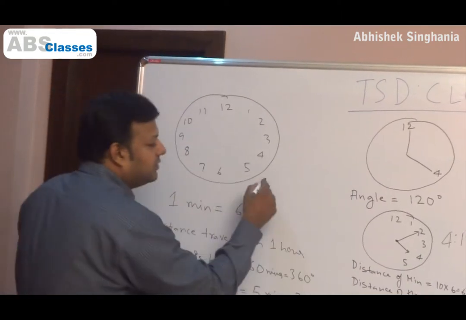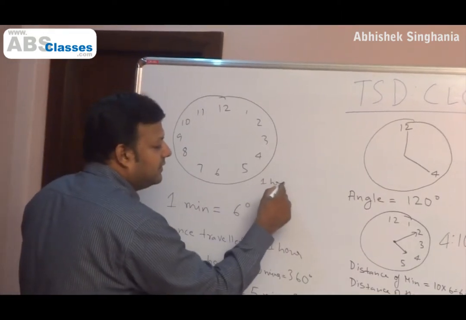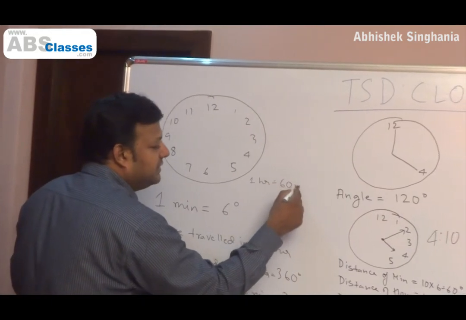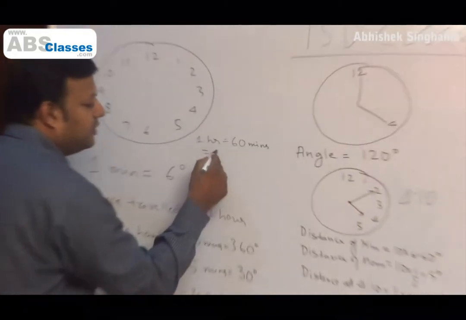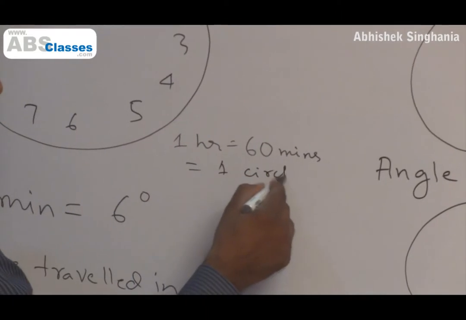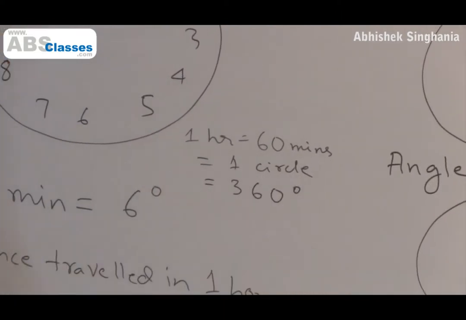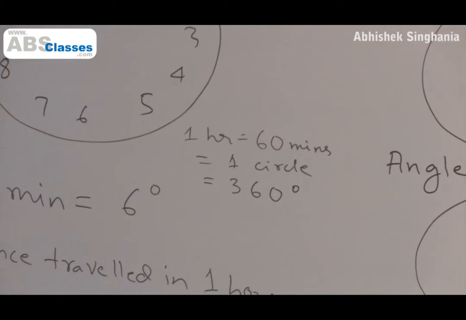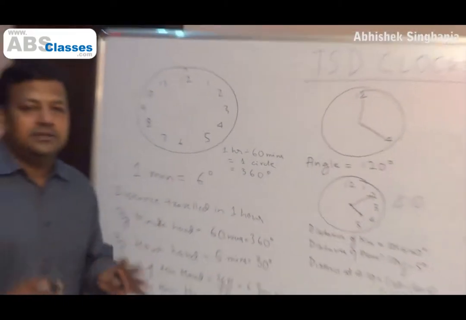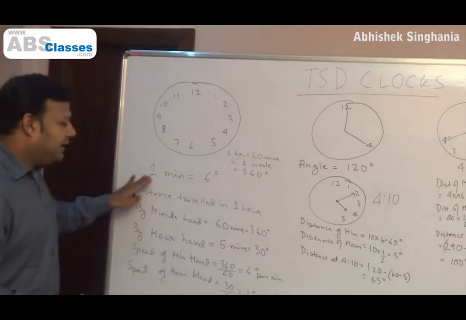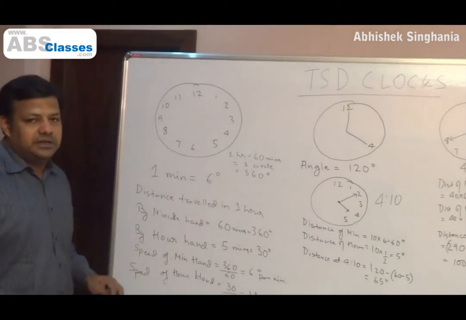So because 1 hour is equal to 60 minutes, which is equal to one circle, which is equal to 360 degrees, 60 minutes is equal to 360 degrees, which means 1 minute is equal to 6 degrees.